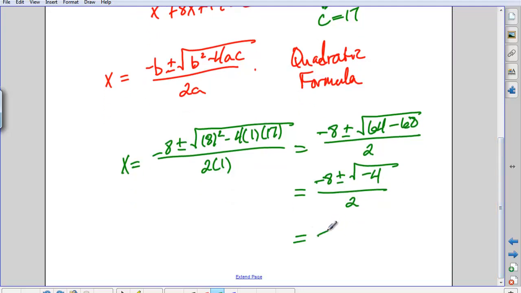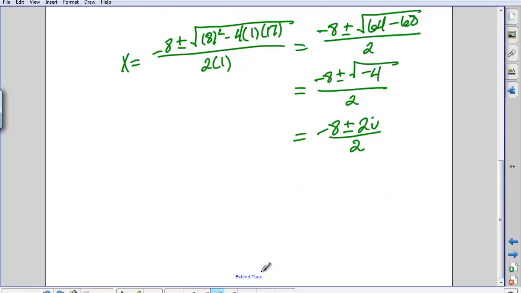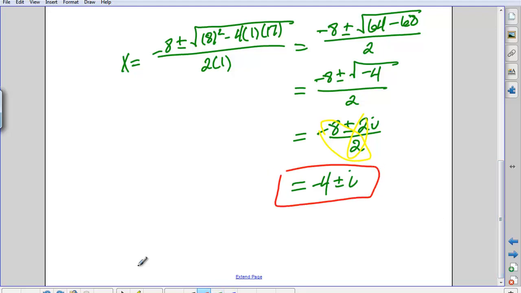We get negative 8 plus or minus 2i over 2, which will reduce. Negative 8 over 2 is negative 4, and 2 over 2 just reduces to 1, so plus or minus 1i, or i. So there's my other two zeros. Negative 4 plus i and negative 4 minus i.